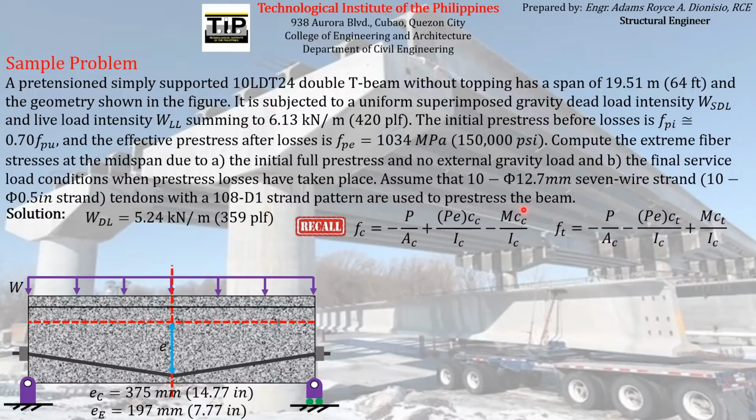According to this formula, we can compute the stresses at midspan if we know P and M, because the other parameters you can see here are already given in the question, especially the e at midspan, which is equal to 375 mm.